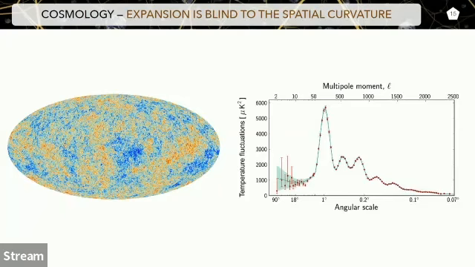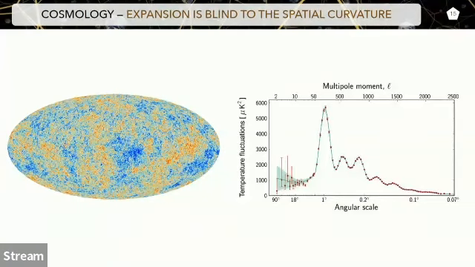The geometrical effect tends to change the size of the structures that we see. For instance, if our universe is positively curved, then we will tend to see bigger structures. There will tend to be a kind of global lensing that would lead to structures that appear bigger than they would be in flat space.